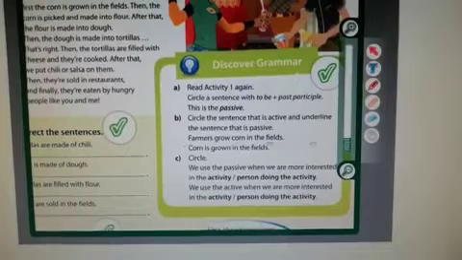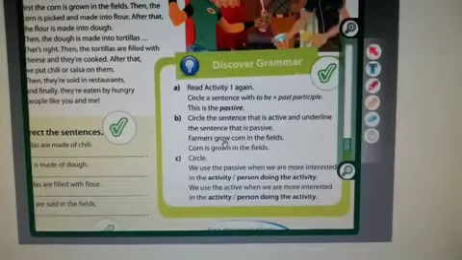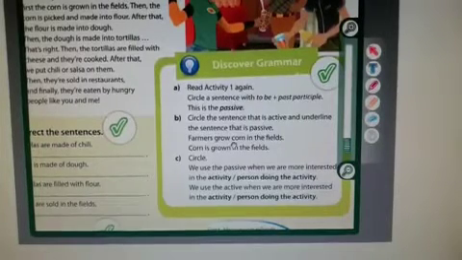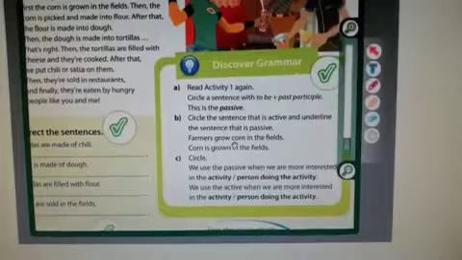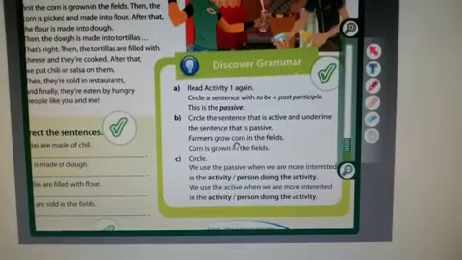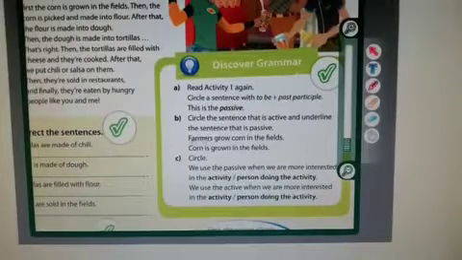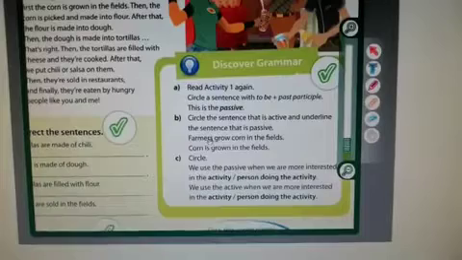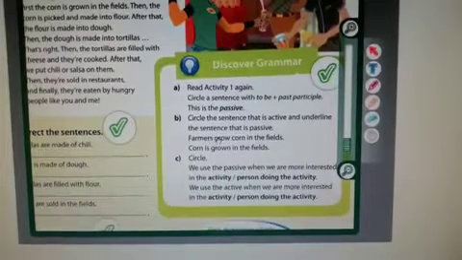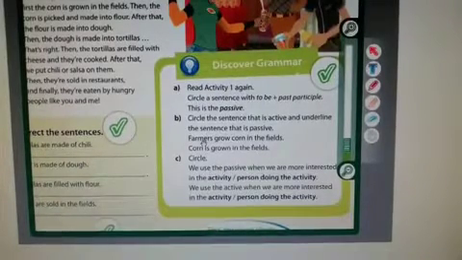If you divide the sentence, farmers is the subject, grow is the verb, corn is the object. So the sentence with subject, verb, object is passive or active? Yes, it is an active sentence because we know the subject, we know the person who is doing the activity.